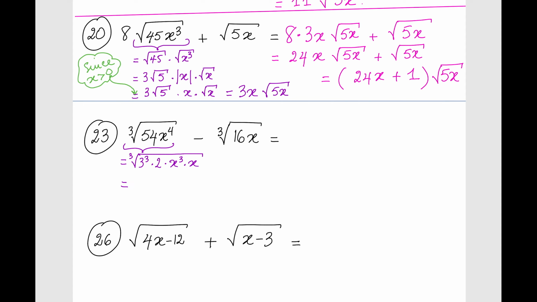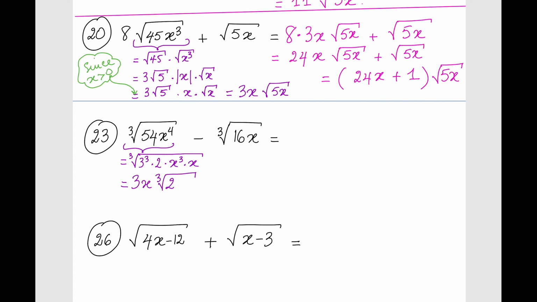So that becomes, if you let the cube root and the multiplication commute, the cube root of 3 cubed. And what's the cube root of 3 cubed? It's 3, times the cube root of 2, times the cube root of x cubed, and the cube root of x cubed is x.